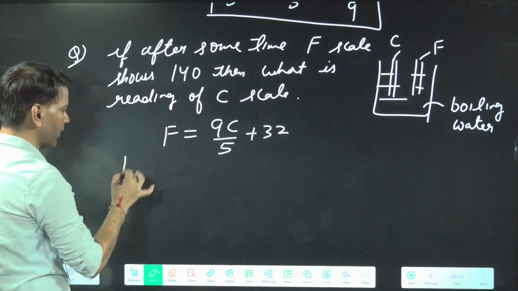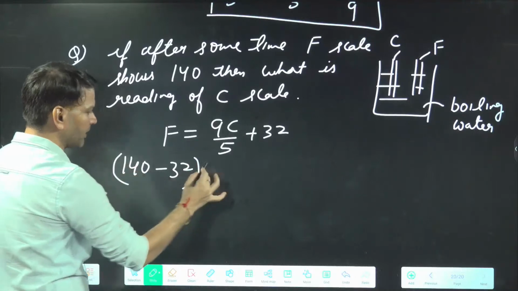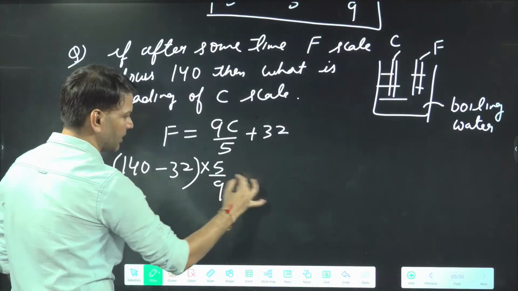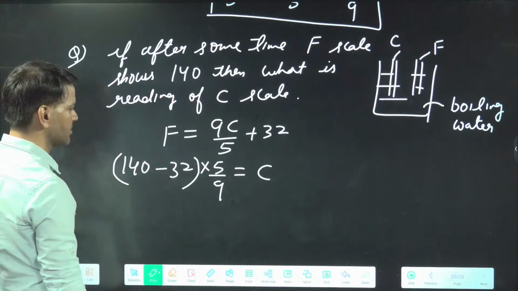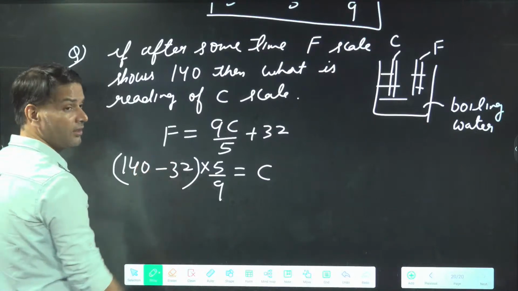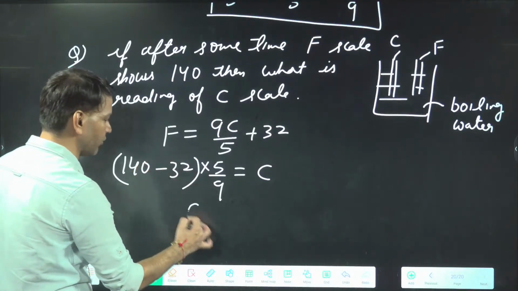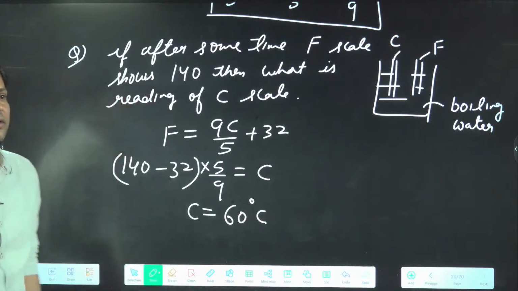So F is 140, then 32 will shift to this side, then you multiply by 5 by 9, and you will get degree C. 140 minus 32, what did you get? 108. 108 divided by 9 gives 12, times 5, so you will get 60 degree C. Everybody got it?